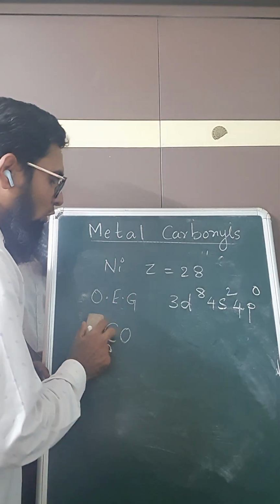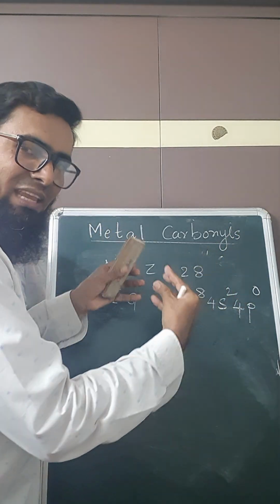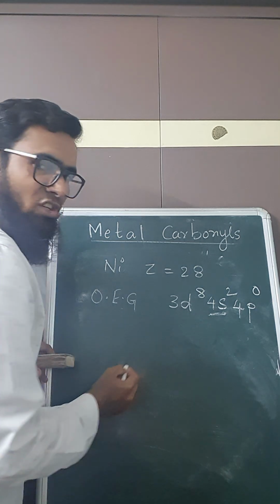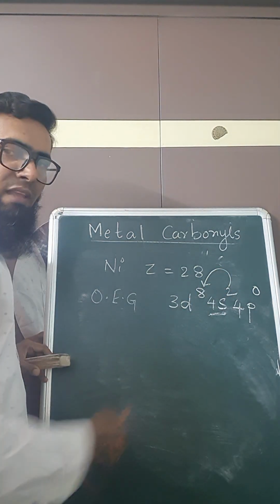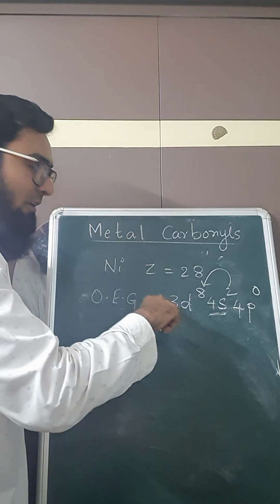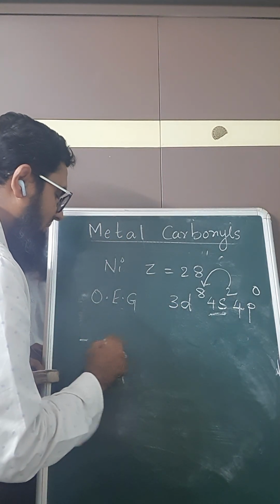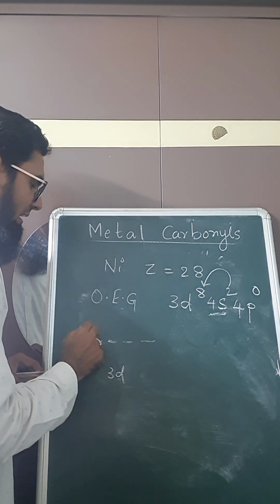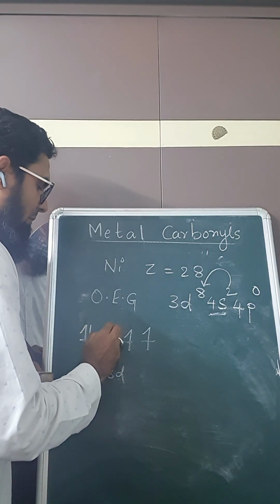So, when these COs come close to the nickel, the s electrons that are present in the last shell will get forced paired up. They enter into the 3d orbital and pairing will take place. 3d has 8 electrons.